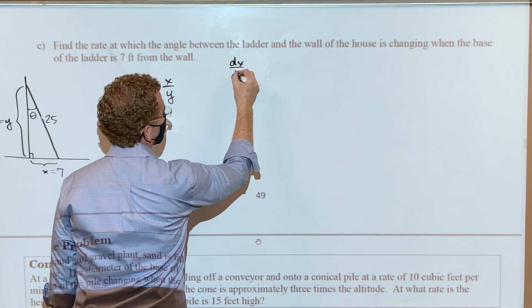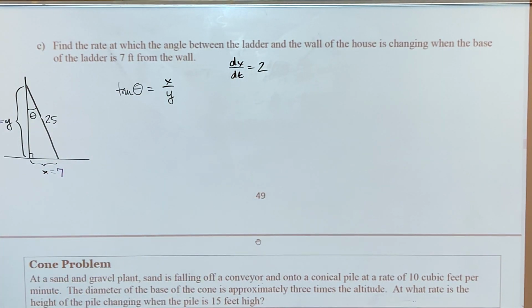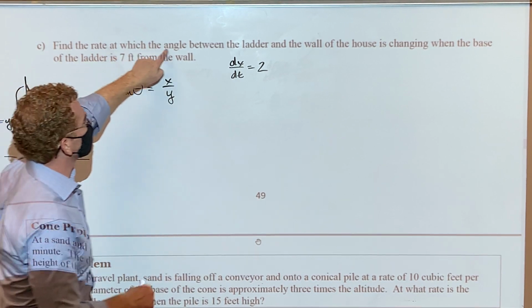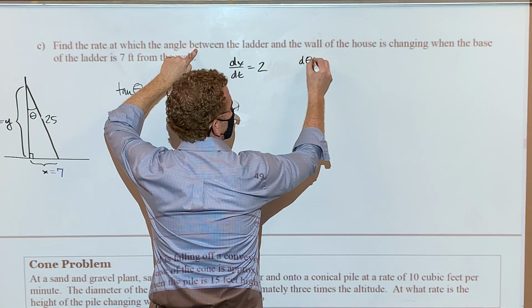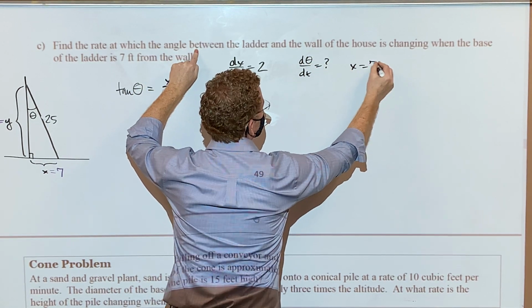The only thing I know is what? That, right? That's all I know. Was that right? dx dt was 2. Yeah. And they want to know the rate at which the angle is changing. They're looking for d theta dt when, again, x is 7.